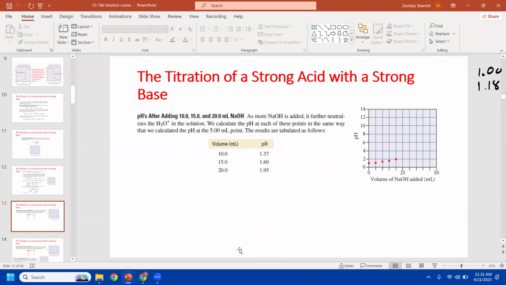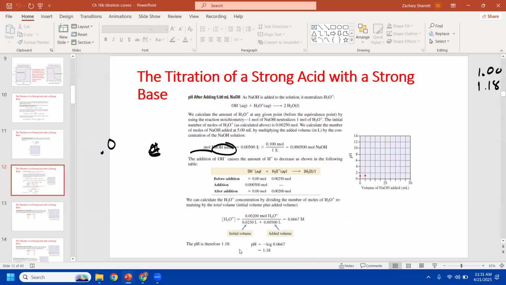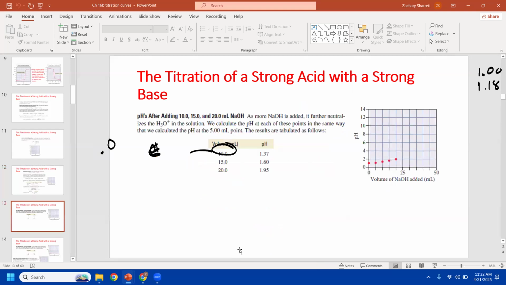When you add 10 mils, that would mean you're going to be adding 0.1, let's see. We started off with how much did we start off with? We start off with 0.0025 moles of H plus to start. When we added 5 mils, it was 0.0005 moles added.